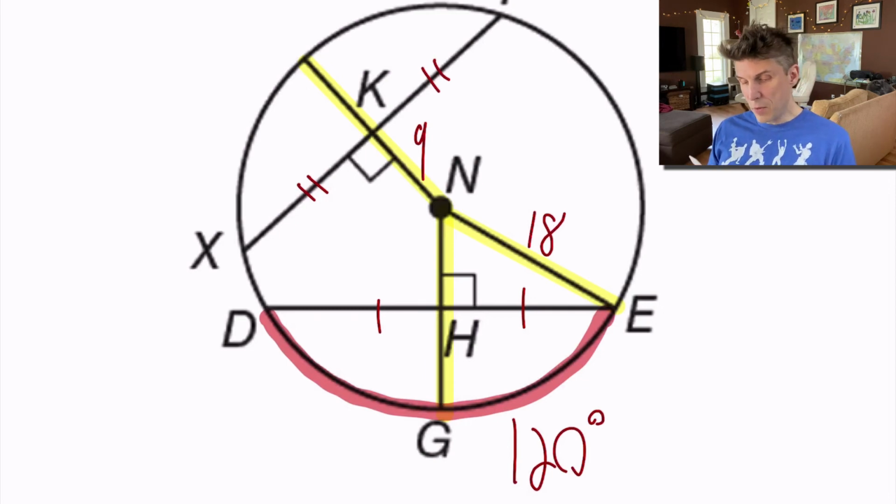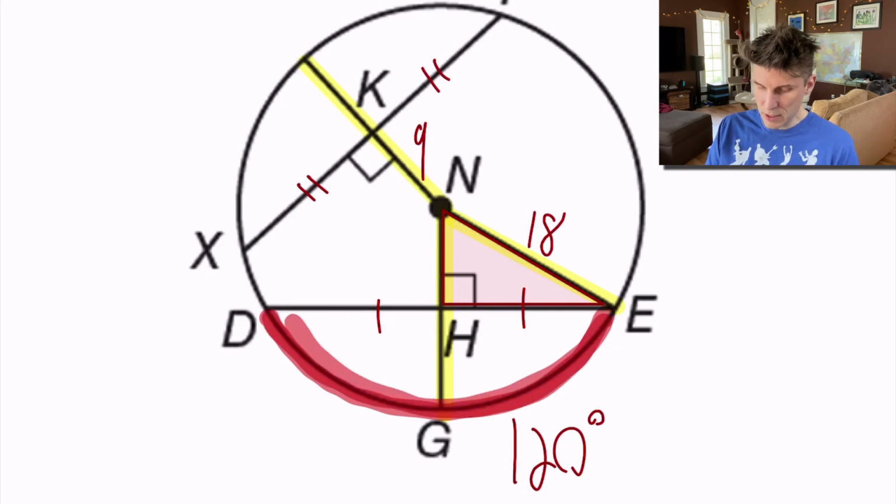Okay, but one thing I do have the ability to do now is solve for different parts of this triangle right here. I just highlighted that in red. And the reason I can do that is, since this big red arc here is 120, it gets cut into two equal parts.